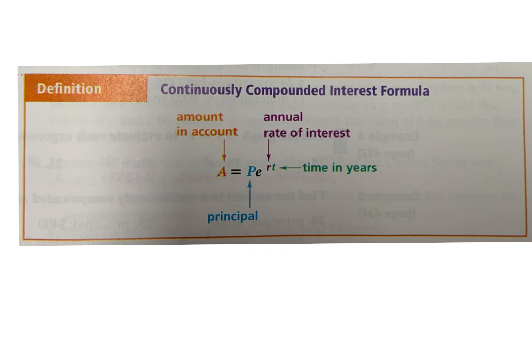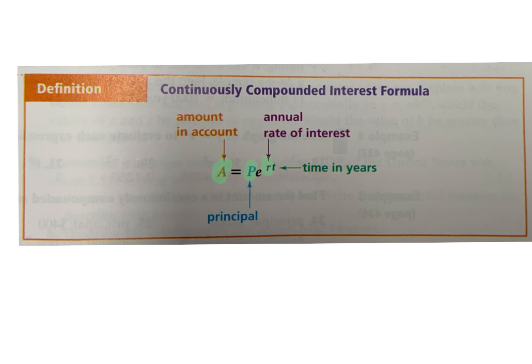And so this is when you compound continuously, okay, continuously. That means it is continuously compounding interest, not weekly, not monthly, not annually, continuously. This is the formula that happens when you compound continuously. Let's talk about the pieces of this formula. The A represents how much money you have in the account after you have earned all your interest. The P represents the principal, or the initial amount that was invested.